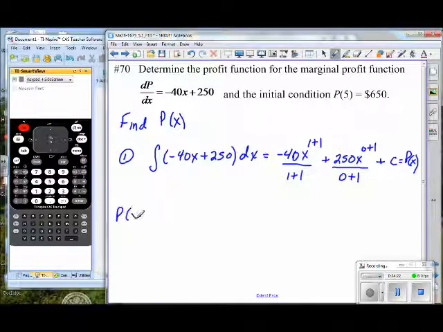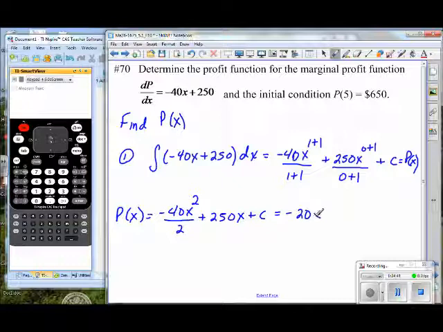So we have P of x equals negative 40x squared divided by 2 plus 250x plus C. We'll just do one bit of algebra here and make this negative 20x squared plus 250x plus C.